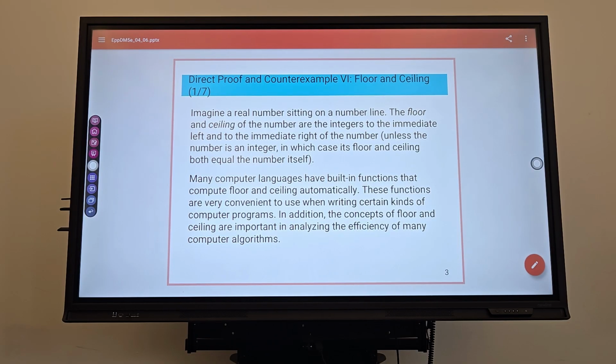Many computer languages have built-in functions that compute floor and ceiling automatically. These functions are very convenient when writing certain kinds of computer programs. In addition, the concepts of floor and ceiling are important in analyzing the efficiency of many computer algorithms.